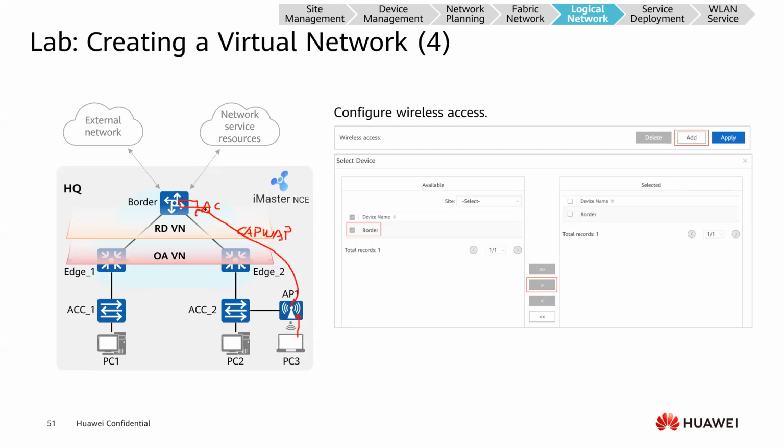And then the AC receives the traffic here. So for the wireless traffic, it can only get the service VLAN, match to the specific VN, and enter the VNs on the border devices. So for the wireless access, you need to choose the devices as the border as the wireless access devices.